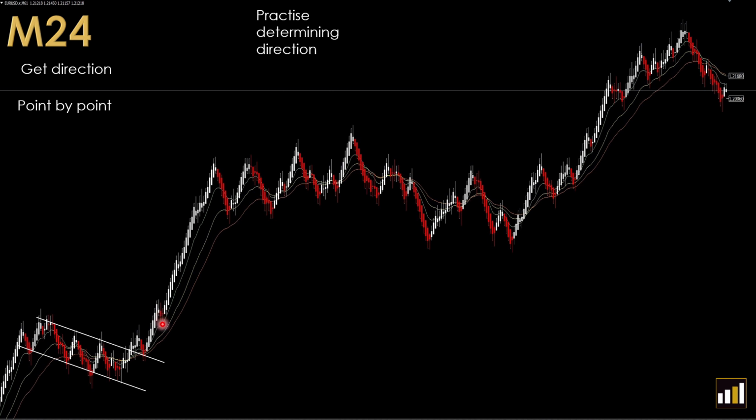We are looking to enter long. So how far is this retracement coming back? We are going to look at the 12 EMA, or in this case the middle one, which is the 24, or the 36 EMA here. And better is if you're looking for a trend line coming up here.